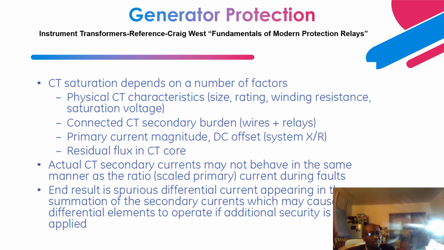And the short circuit current magnitude and the offset, which is determined by X over R. And the amount of residual flux in the CT core. If you have remnant flux in the CT and you don't demagnetize it, then you are prone to saturation, because that extent of fault results in a higher fault current.